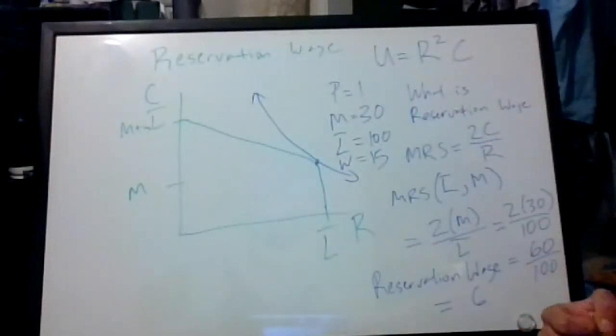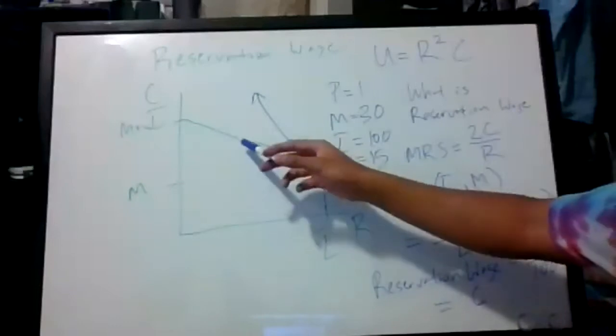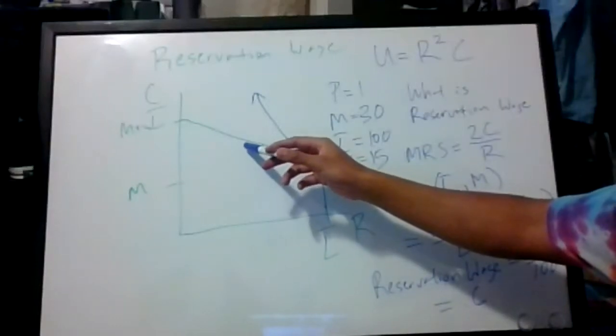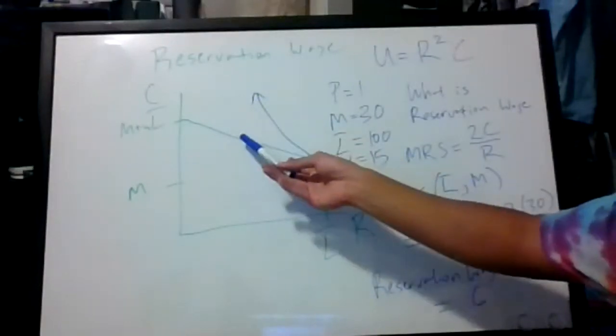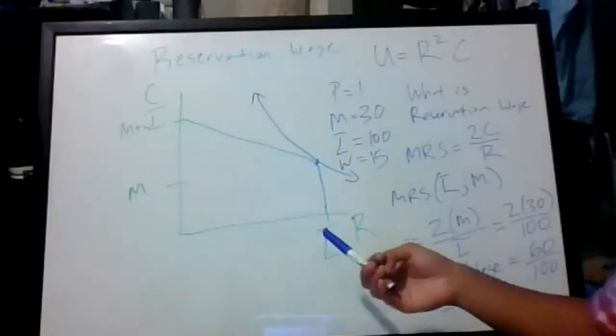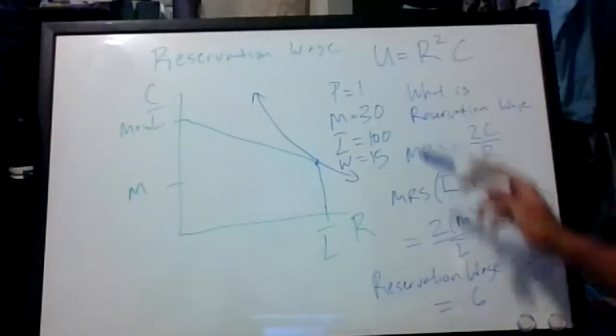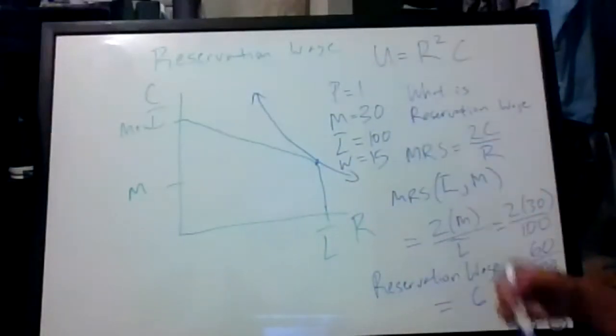And so typically, because of that assumption, we know that with a Cobb-Douglas equation, we're going to have a preference to be somewhere in the middle of this constraint, where we have some amount of leisure and some amount of consumption, which is something that you don't see in this situation.